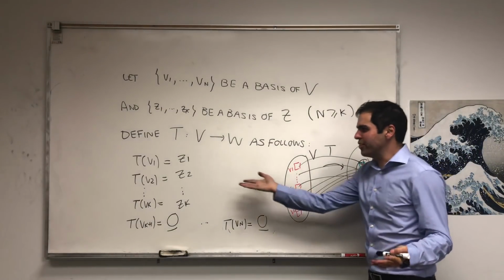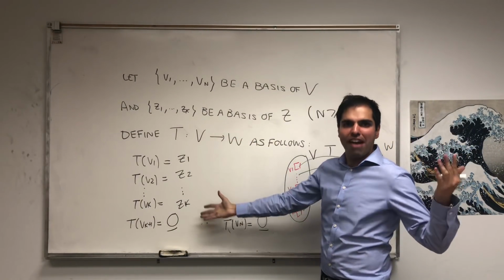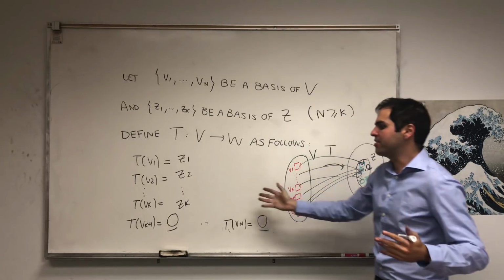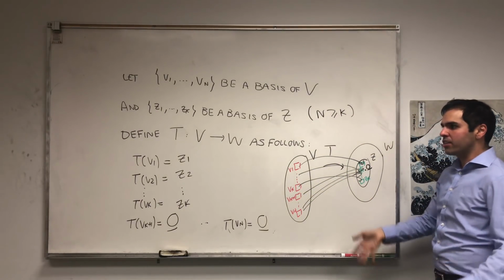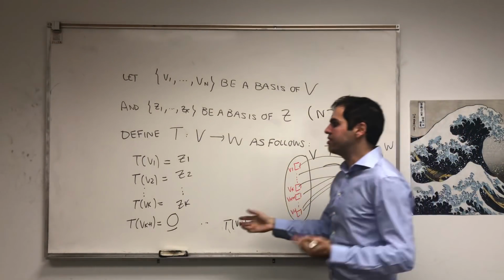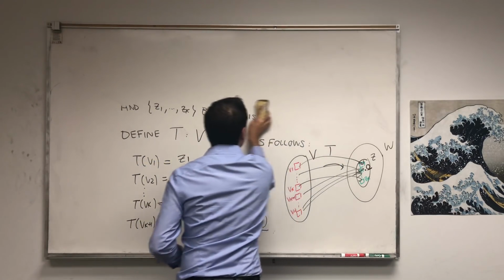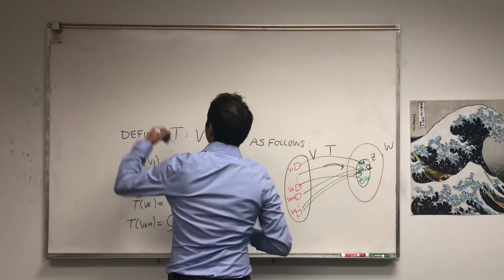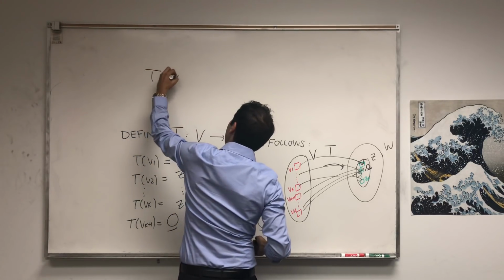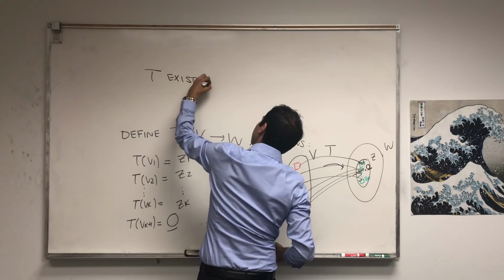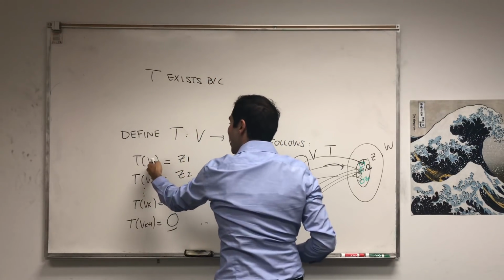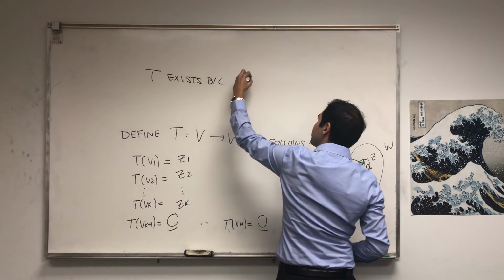Again, it's weird because I didn't say what t of x was. I just said what it does at the basis vectors. But very important, this is enough by the linear transformation extension theorem. So t exists and is linear. And what does this require? It just requires the input basis.